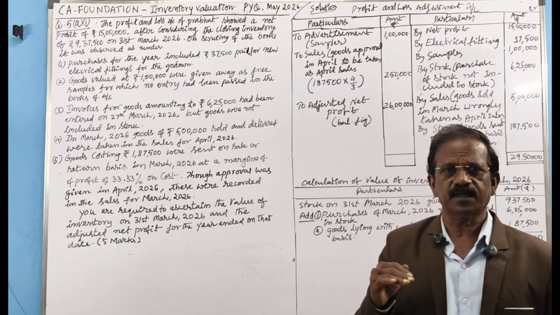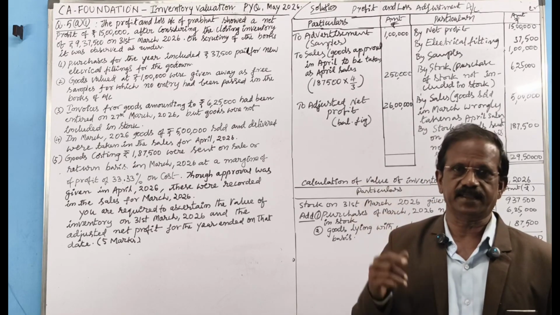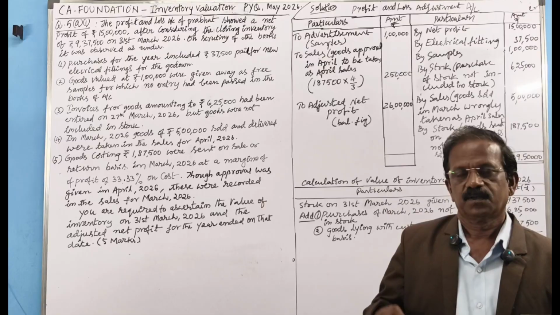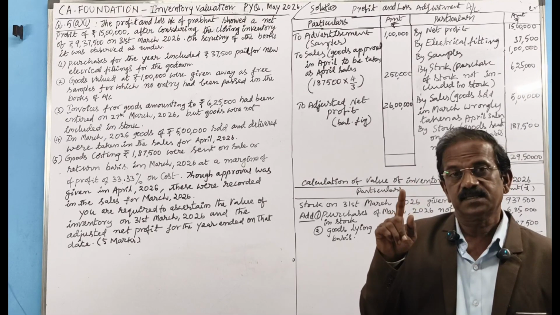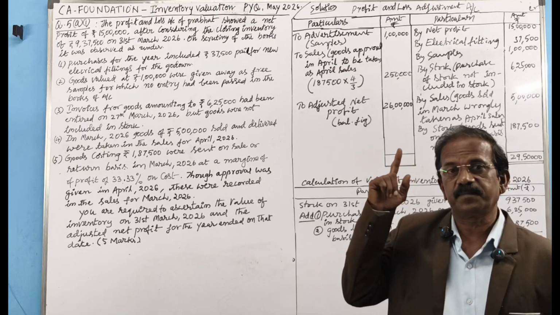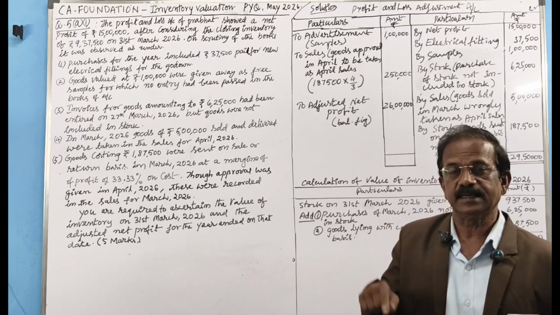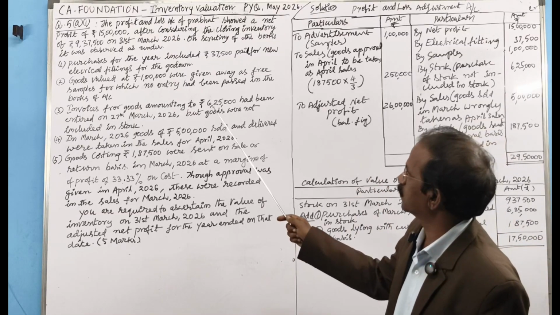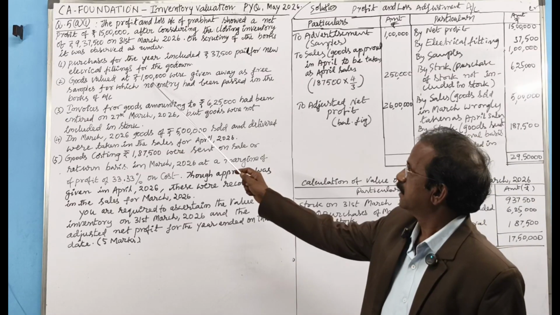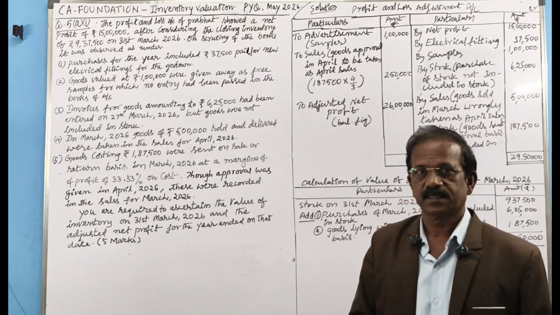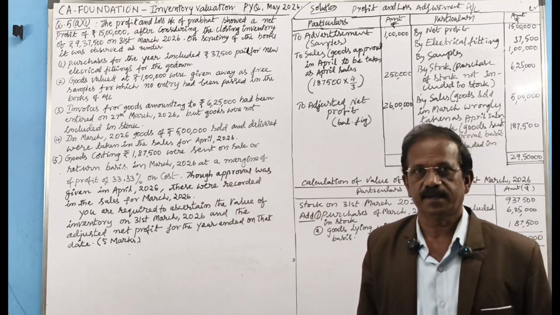But purchases account had already been closed by transferring it to trading account. Now what can we do? Since earlier the purchases were debited to trading account, now we can credit trading account with this amount, 1 lakh rupees. It means including this amount, purchases account had already been debited to trading account.